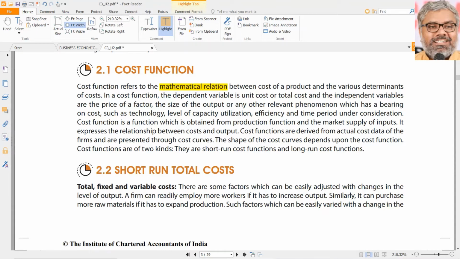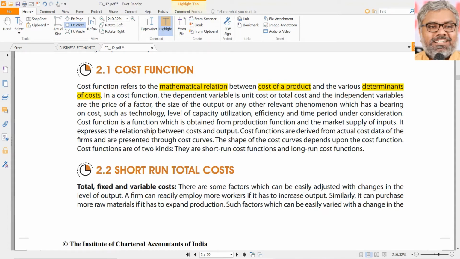Naturally, in case of production function, the relation was between factors of production and quantity of production. Here, the relationship is between various determinants of costs, which is nothing but the costs of factors of production and cost of a product. So here we are not talking about the quantitative terms, we are talking about monetary terms.